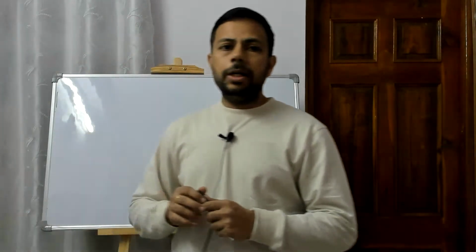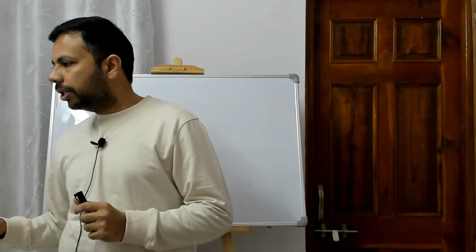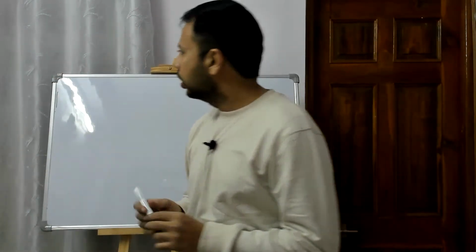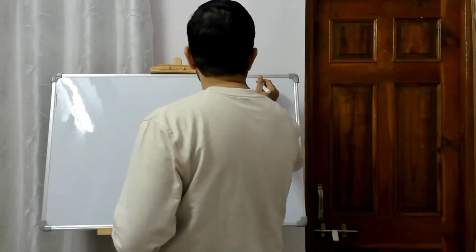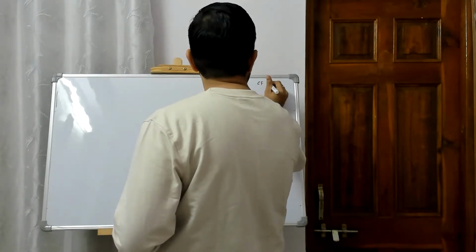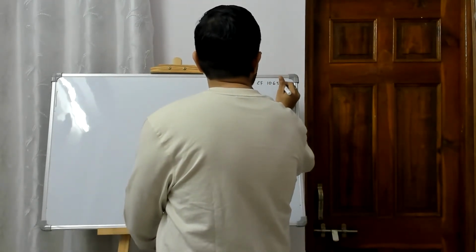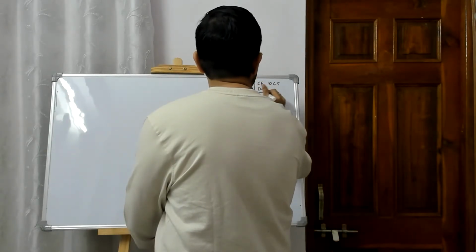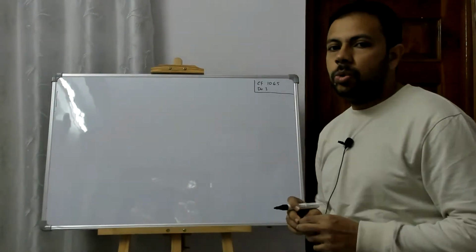So first, I'll explain question number B. It's Yuuko's minimum absolute sum. So let me write it here. This is CF 1065 Div 3.